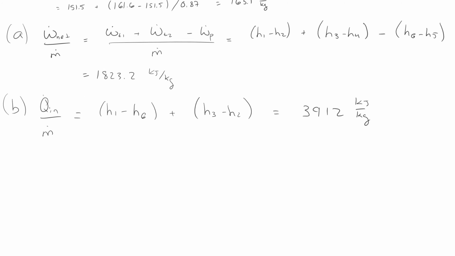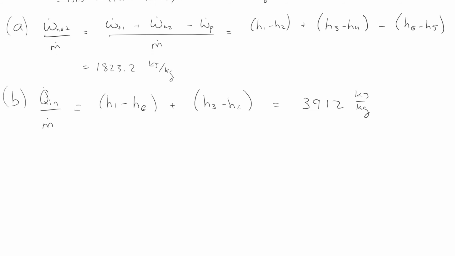So in part C, I'm asked to find the thermal efficiency, which is W dot net over Q dot in. It's what we want over what we give. I can divide by m dot on the top and the bottom of that ratio so that I can use the values that I have from above.